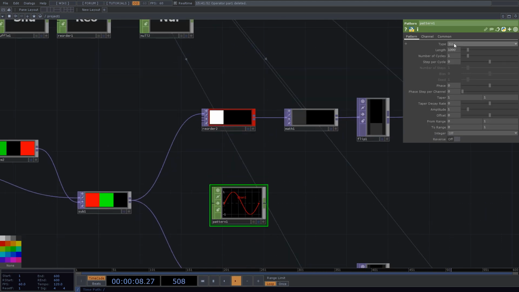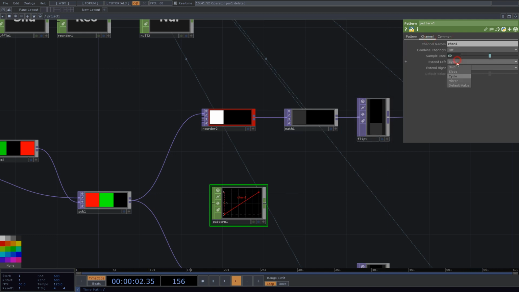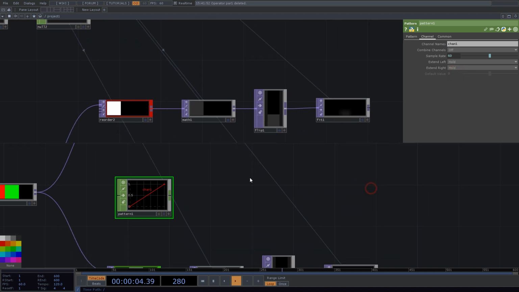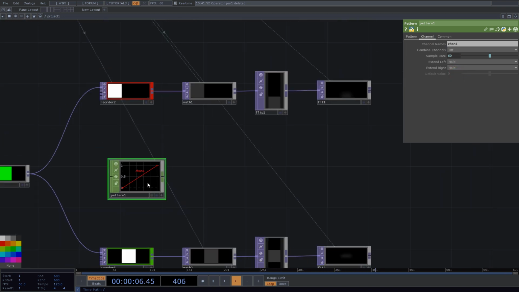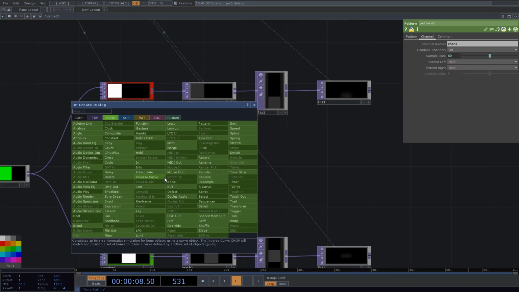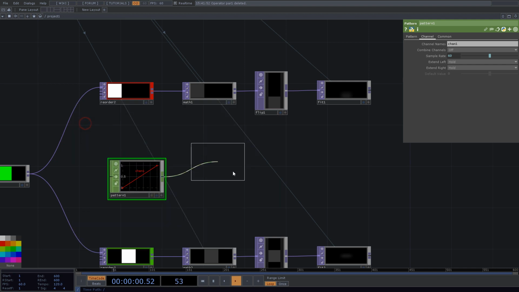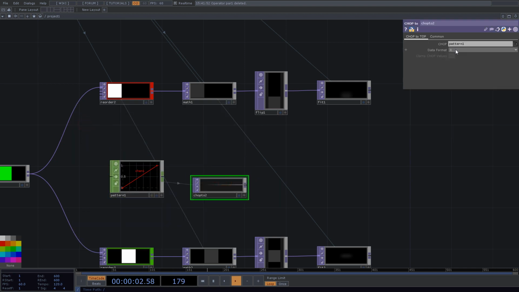So I will choose a ramp here, and let's say hold on the here and take the chop out, okay. Now I'm in between 0 and 1.